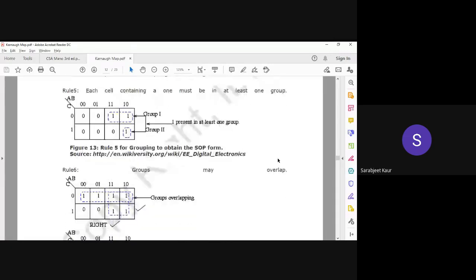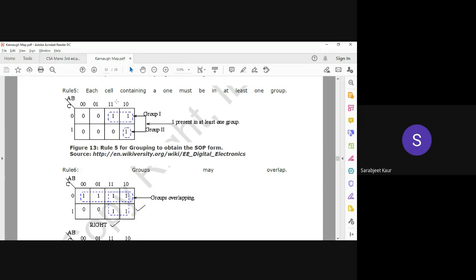Continue, Dipali. Each cell containing a 1 must be in at least one group. So everyone has to be put in a group. We cannot leave a single one, even a single one. In this case, this is shown to you, but this is a bit wrong.